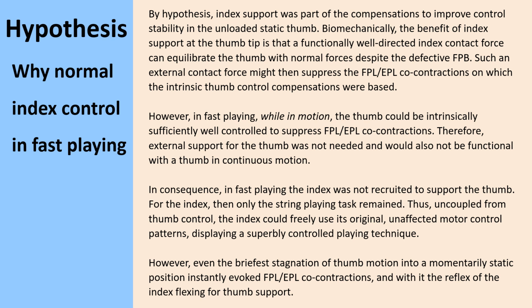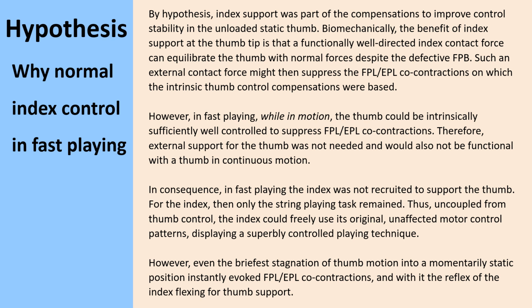Biomechanically, the benefit of index support at the thumb tip is that a functionally well-directed index contact force can equilibrate the thumb with normal forces despite the defective flexor pollicis brevis. Such an external contact force might then suppress the FPL-EPL co-contractions on which the intrinsic thumb control compensations were based.